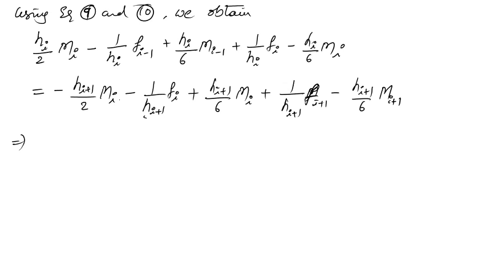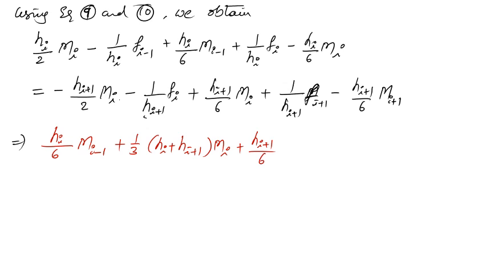This gives (h_i/6) m_{i-1} plus (1/3)(h_i + h_{i+1}) m_i plus (h_{i+1}/6) m_{i+1} equal to (1/h_{i+1})(f_{i+1} minus f_i) minus (1/h_i)(f_i minus f_{i-1}).